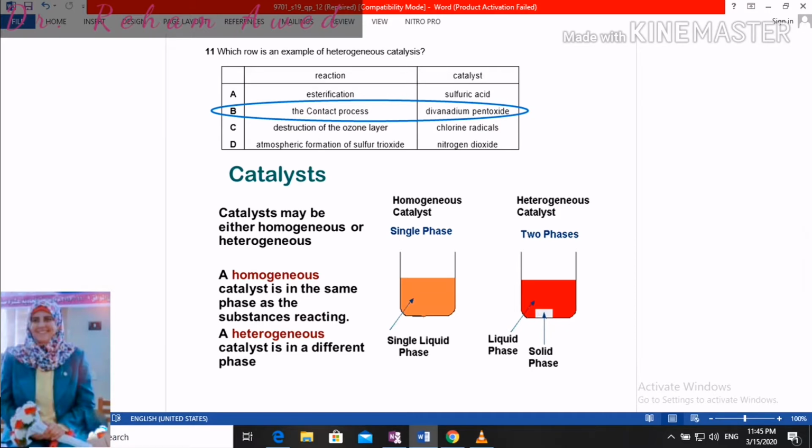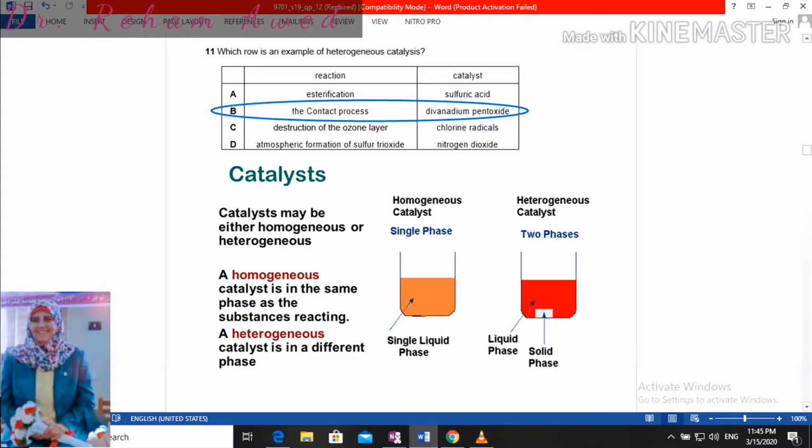If I want to react gases, I will add gaseous catalyst. And heterogeneous catalyst is a catalyst in a different phase. For example, if our reactants are in liquid phase, our catalyst will be in the solid phase or in the gaseous phase. So it is known as heterogeneous catalyst.